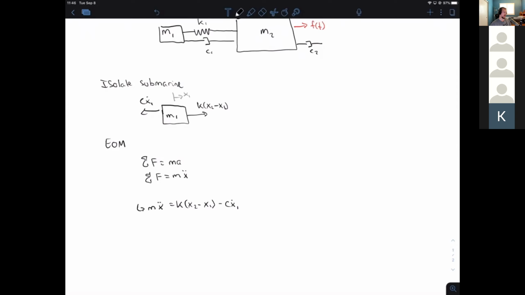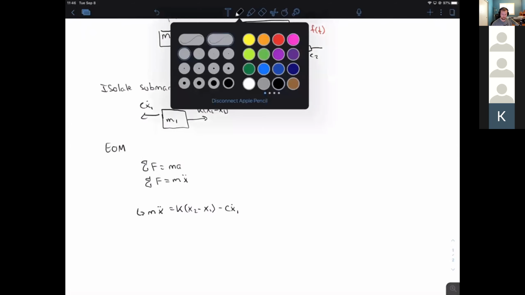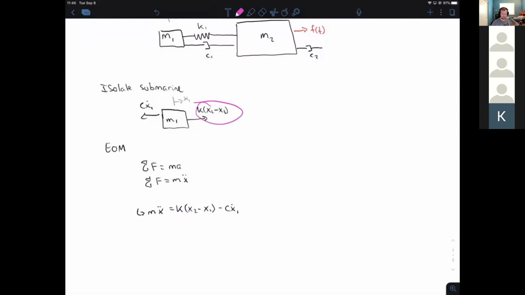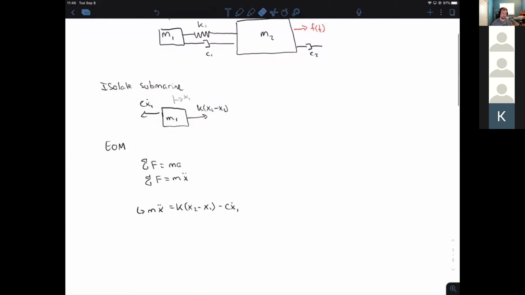We have that from our free body diagram up top right here. So we have positive k (x2 minus x1), and then we have minus c x1 dot because that's to the left and that's going to be negative for how we defined our coordinate, the positive direction.